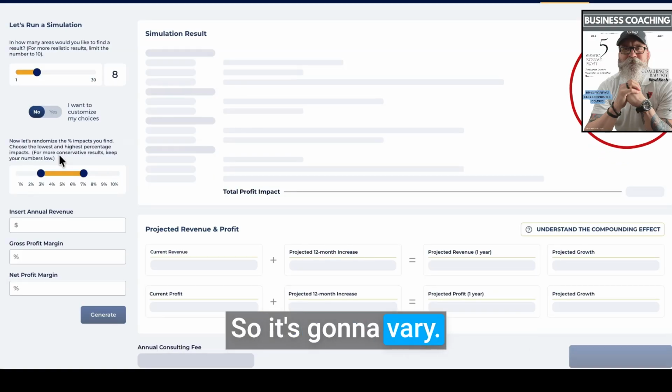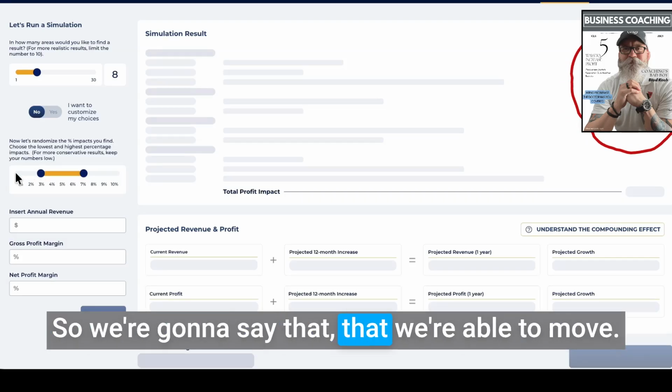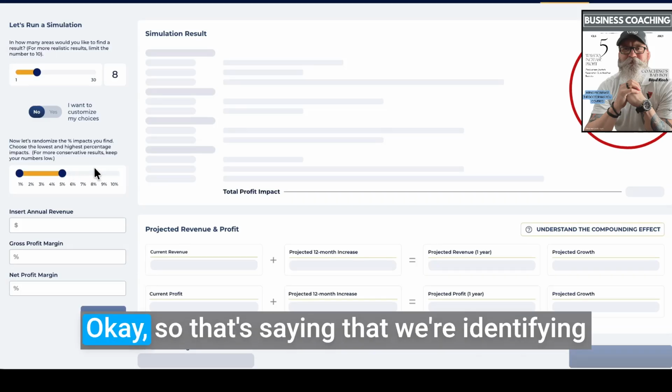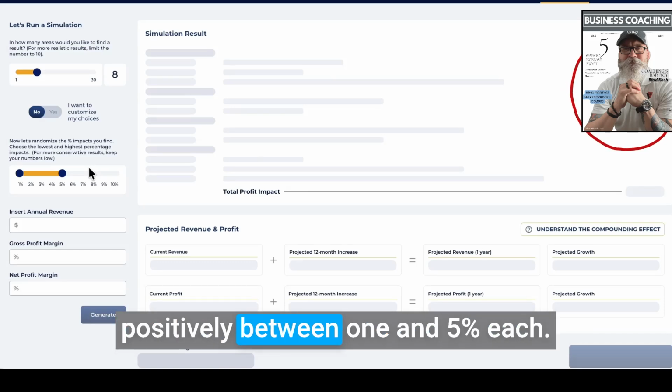So it's going to vary. And that's why I have this variable field in here. So we're going to say that we're able to move randomly between 1 and 5%. Okay? So that's saying that we're identifying 8 strategies that we're going to affect positively between 1 and 5% each.